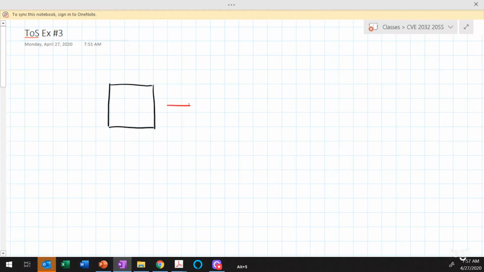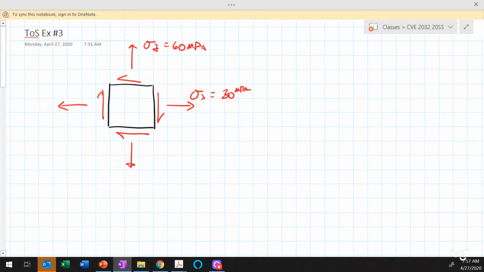Okay, now the stresses that we have are like this. This is going to be sigma x, and sigma x is equal to 30 megapascals. We have a stress here, sigma y is equal to 60 MPa, and that also goes down like that. And then we have a shearing stress on here, and I'll be a little bit different with this.